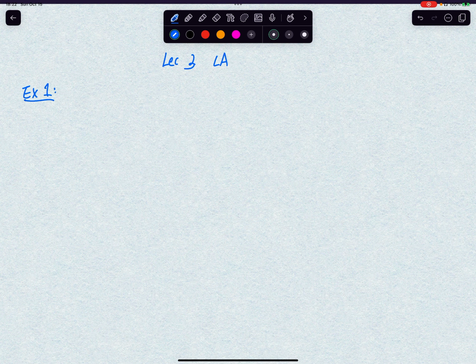So assume that we have an m by n matrix A, which is defined to be A11, A12, up to A1n, and A21, A22, up to A2n, all the way down to Am1, Am2, all the way down to Amn.